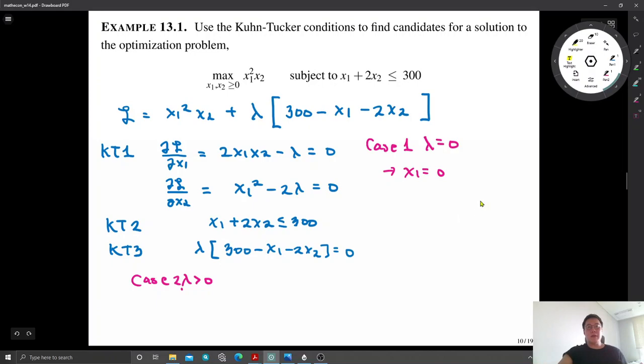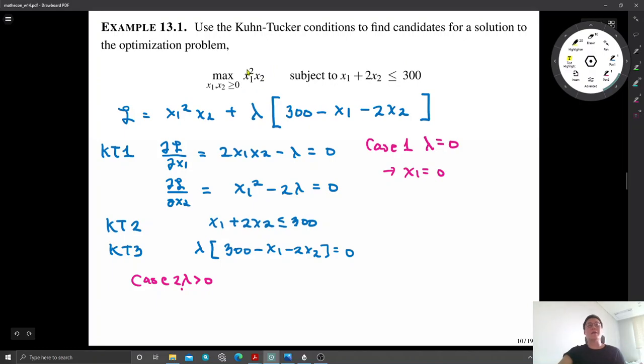And if we go back to the objective function, if x1 is equal to 0, the function boils down to 0. So should we regard this as a candidate for solution? If x1 is equal to 0, the function we want to maximize comes down to 0.